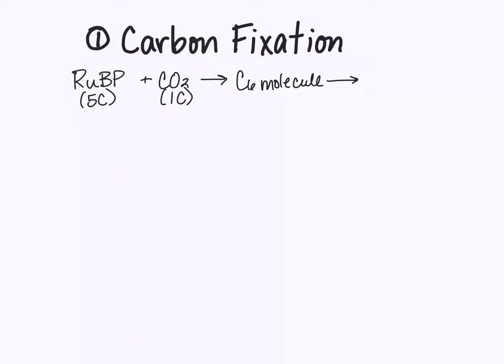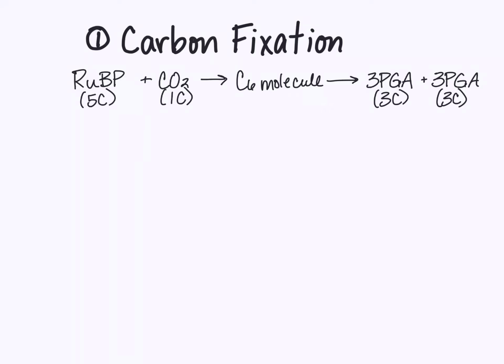That ultimately gets broken into 2 3-carbon molecules called 3-PGA. So you'll notice that we are following the carbons here. So we took a 5-carbon compound and combined it with a 1-carbon compound to form a 6-carbon compound. We then took that 6-carbon compound and divided it into 2 3-carbon compounds.